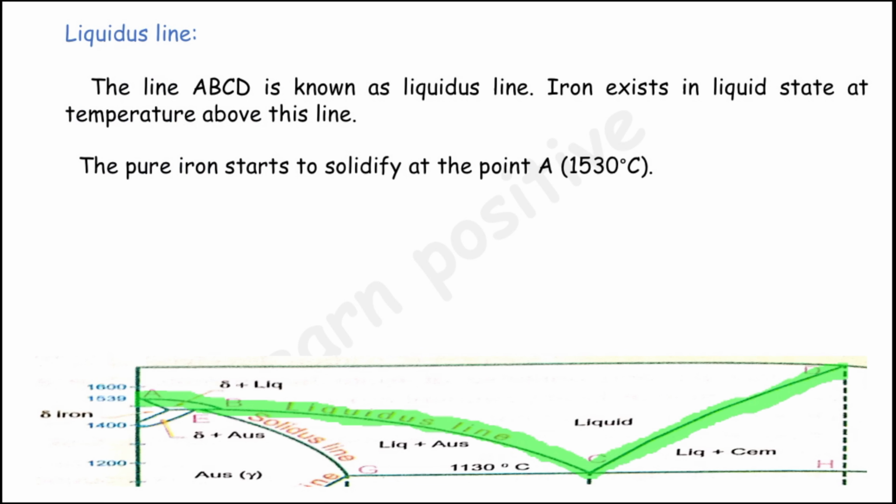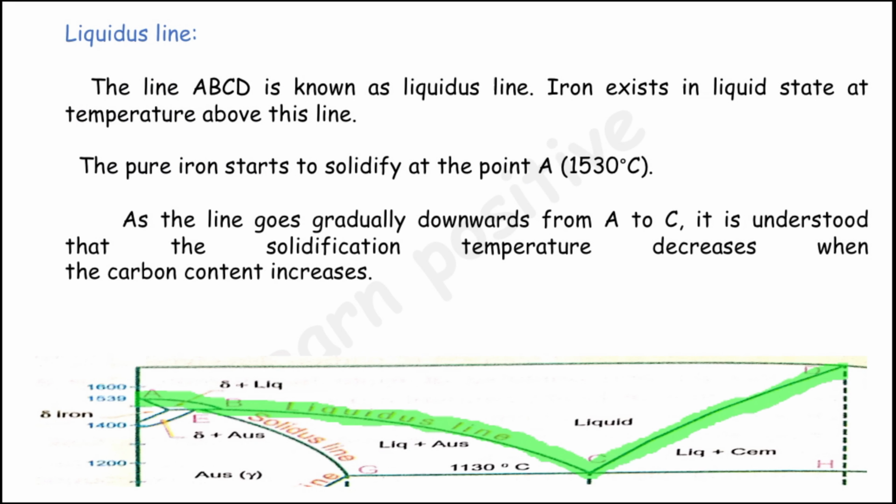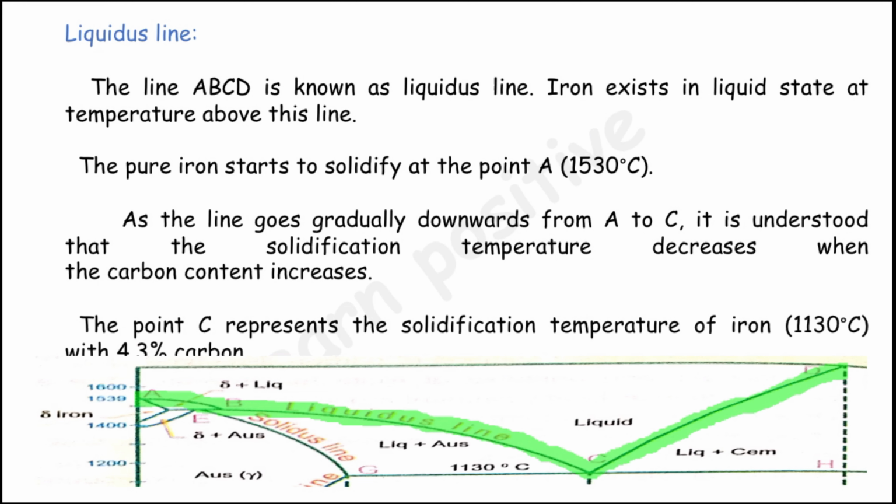So by decreasing the temperature, we get the point of pure solidification. At the point C, the temperature was decreased and the carbon percentage was increased above 2%. So it is said to be cast iron.